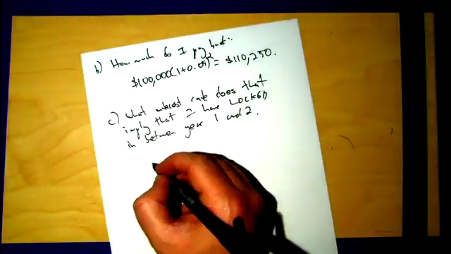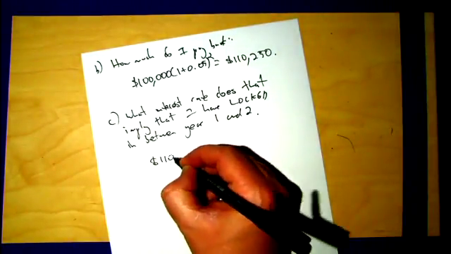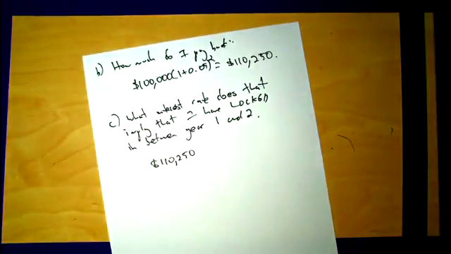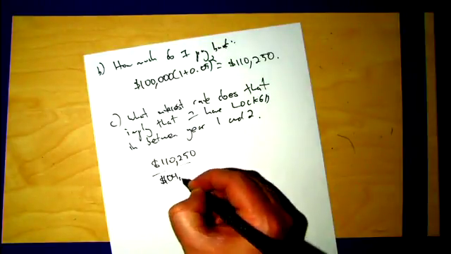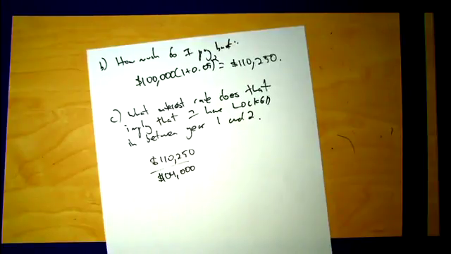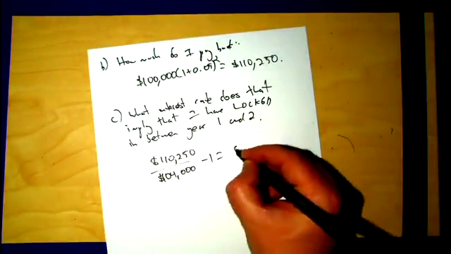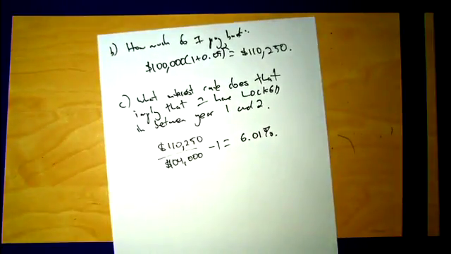Well, I could do it a couple of ways. I could say at the end of year 2, I have to pay back $110,250, and at the end of year 1, I have $104,000, right? That 100 grand has grown to $104,000. And that gives me 6.01% interest that I've locked in.